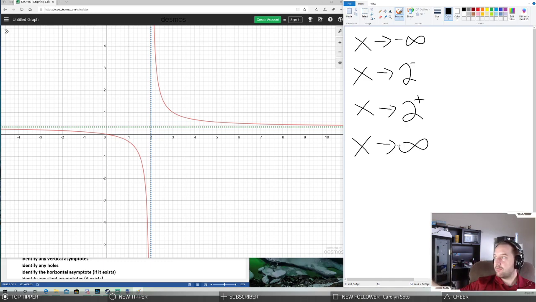So now we have to state what y is doing. So in the first one, as x goes to negative infinity, it's approaching that y value of 1/3. So my y goes to 1/3. And then this is going down forever. So as x goes to 2 from the negative side, my y is going to negative infinity.